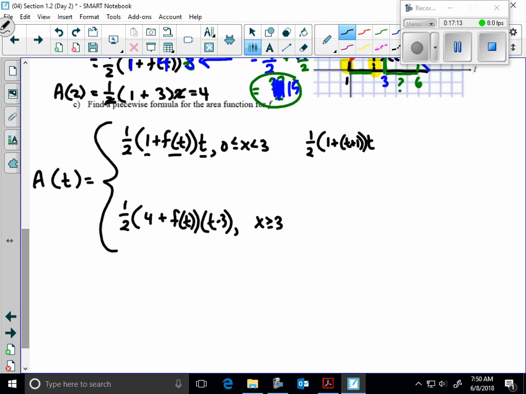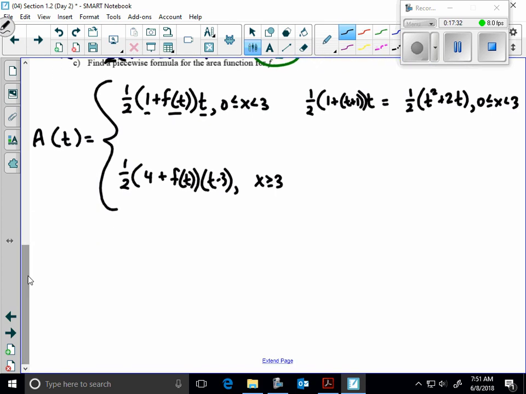So let's simplify that. That would be 1/2 of t squared plus 2t on that interval from 0 to 3. You can check algebra on that if you want to. I don't think I messed that up. Okay, likewise down here, I'm going to actually do some simplifying here.